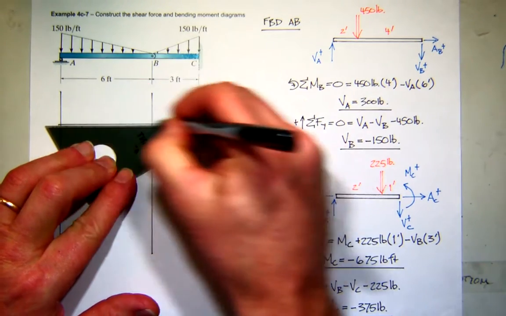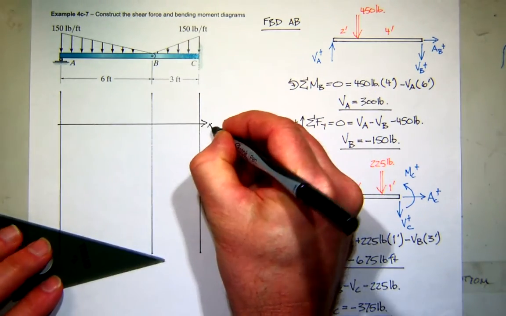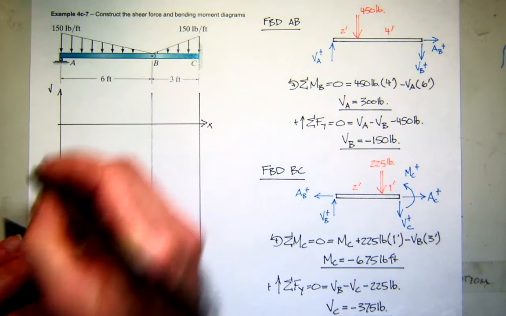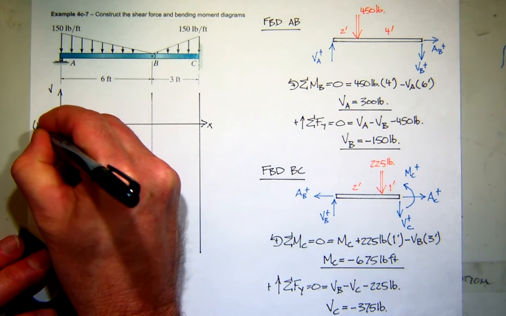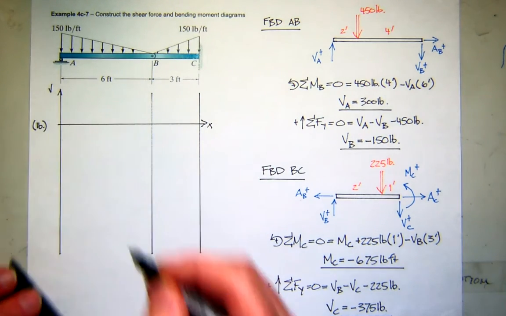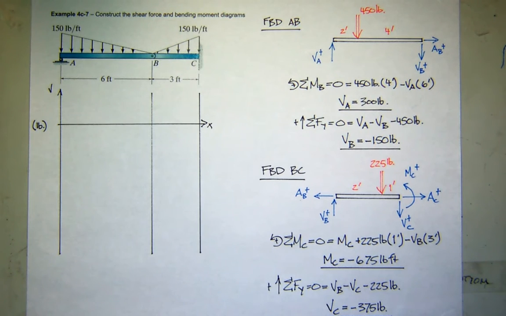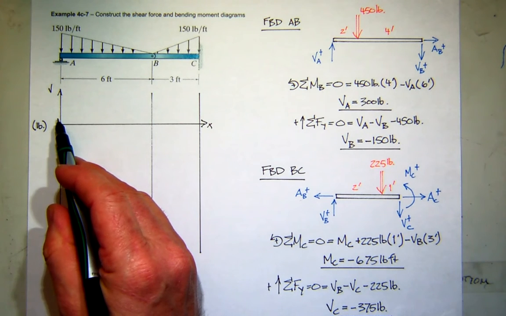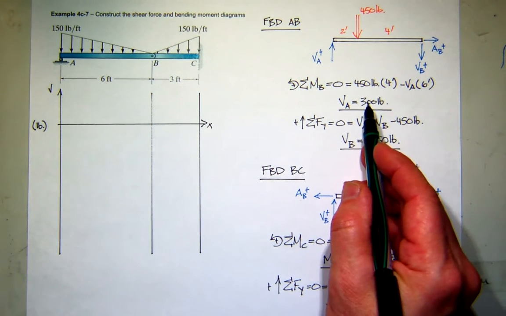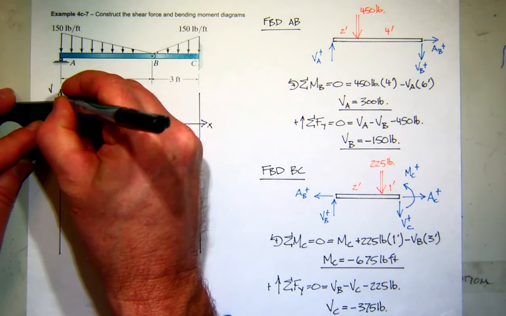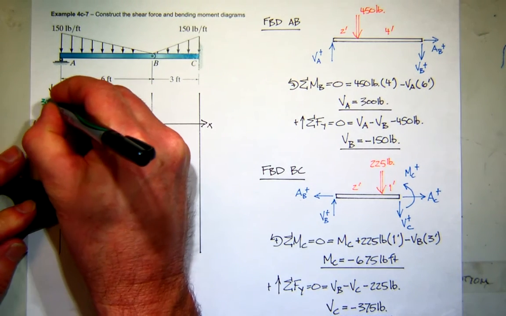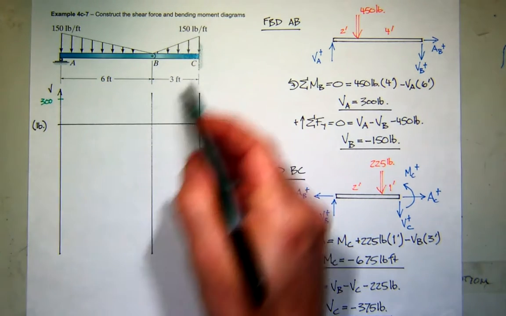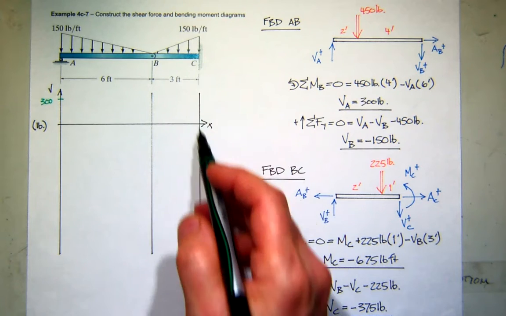So let's establish the positive x and positive values for our shear, and all of our values will have units of pounds. Let's start on the left-hand side. What's the shear at A? It's 300. So I'll come here and say 300. What's the shear at C? I solved for it somewhere.